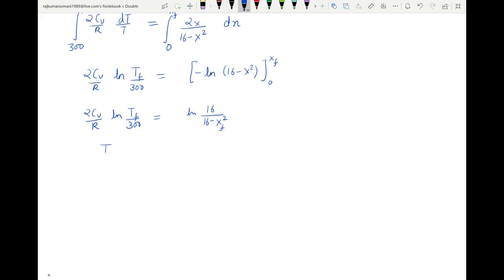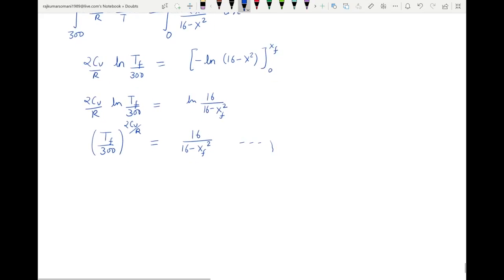So it can further be simplified as (TF on 300) to the power 2 Cv by R is equals to 16 upon (16 minus xf square). So let's call this equation number 3.